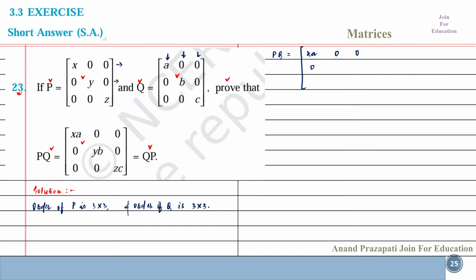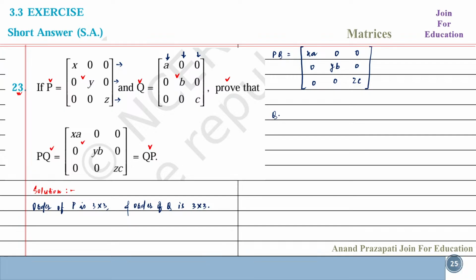Second row by second column, then we get here by or yb, and here will be 0. Third row by first column we get 0. Third row by second column get 0. Third row by third column get ZC. Of that there is no problem to understand the multiplication of matrix P and Q.